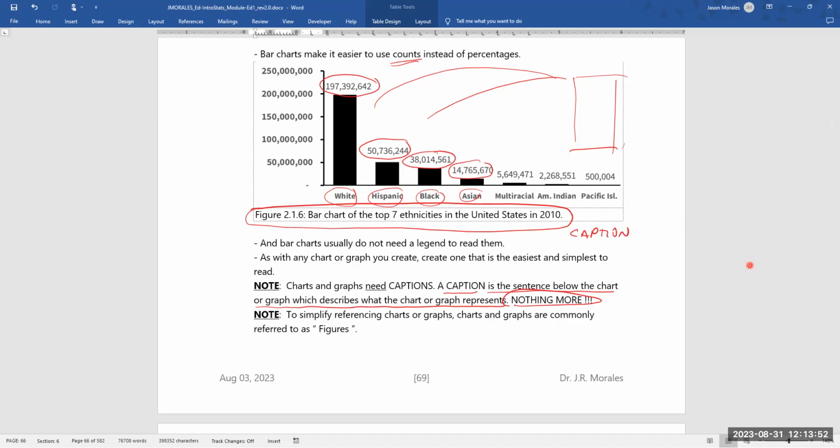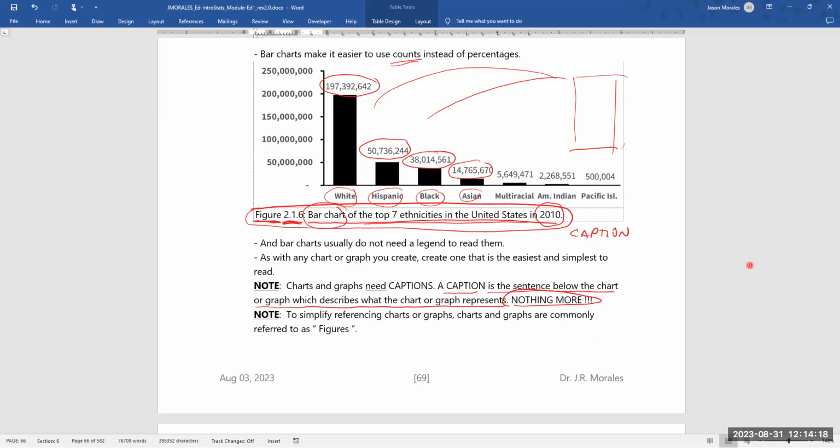If what we're looking at is a graph, usually you see the word figure, which means we're talking about a graph, and then some kind of number to uniquely identify this graph. And then here is the description. So what we're looking at is a bar chart of the top 7 ethnicities in the United States in 2010.